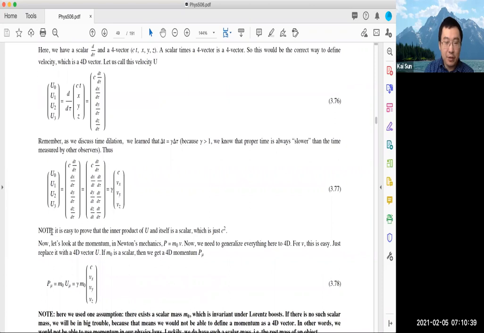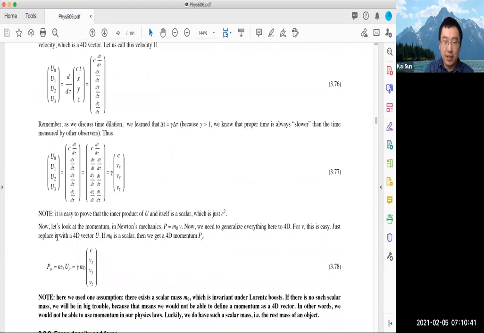Once we define the 4D velocity, we can immediately define the so-called 4D momentum. And 4D momentum is again a 4-dimensional vector. The 4D velocity is a 4D vector. We want momentum to be also a vector, which means we need to multiply this velocity vector with a scalar.